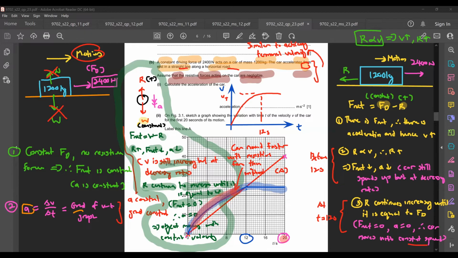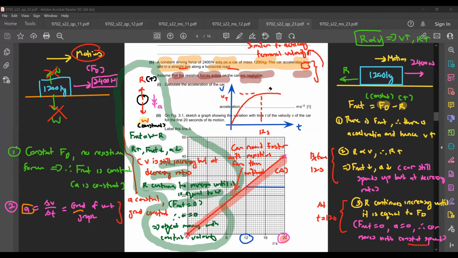The original red line was this one, without air resistance. If I draw the blue colored line with the first portion higher than the original one, it doesn't make sense because it tells me my car was moving faster with resistive force than without. It should have been moving slower than without resistive force.